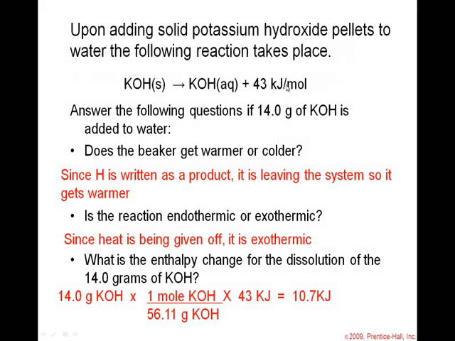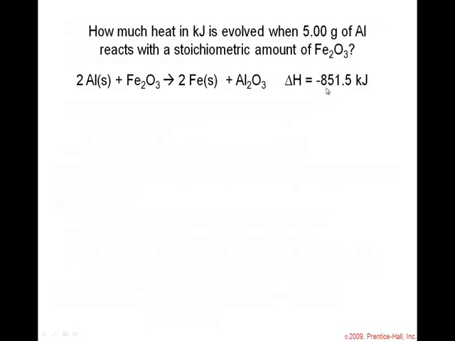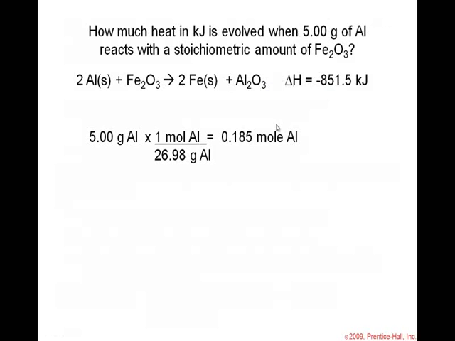Now if I were to write this as delta H, I would show it as a negative 43 kilojoules for delta H. See the difference? If I were showing this as a product here, and I didn't have this delta H, and I just had plus, I'd have plus 851.5 kilojoules. So there's two different ways of showing it. You've got to be sensitive to which one you've got.